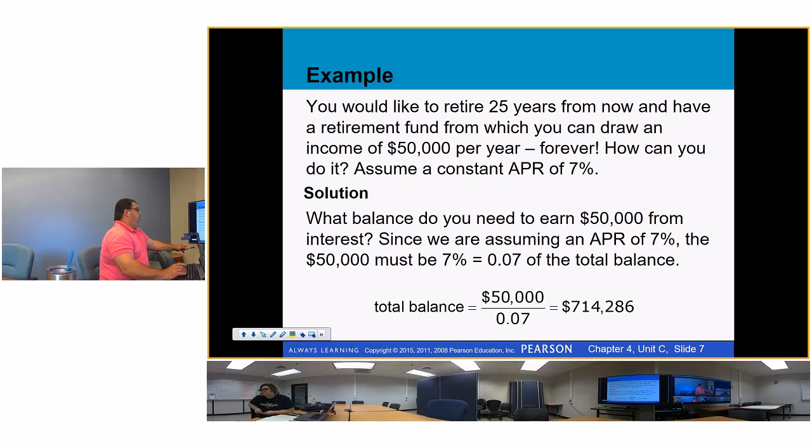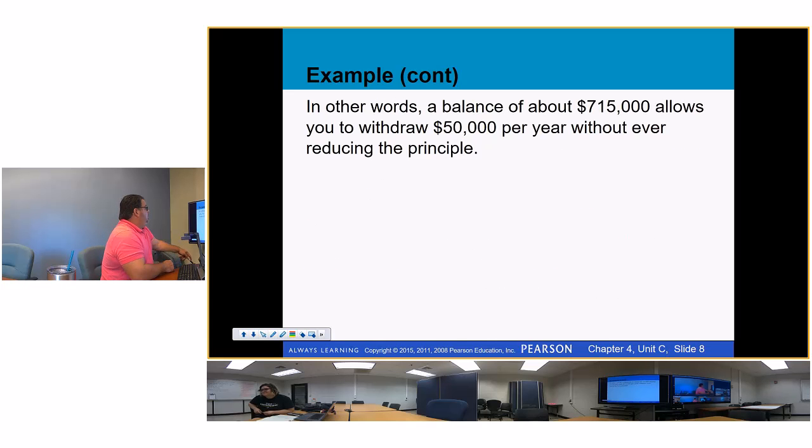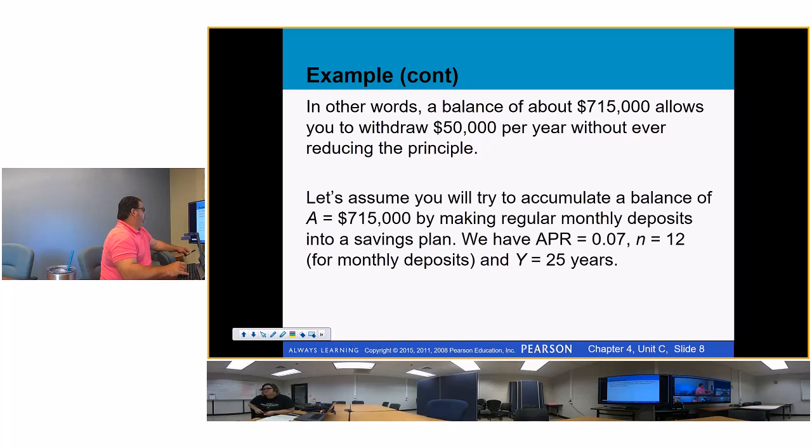Yes, Hubert. There we go. In other words, a balance of about $715,000 allows us to withdraw $50,000 per year without ever reducing the principal. Let's assume you will try to accumulate a balance of $715,000 by making regular monthly payments.